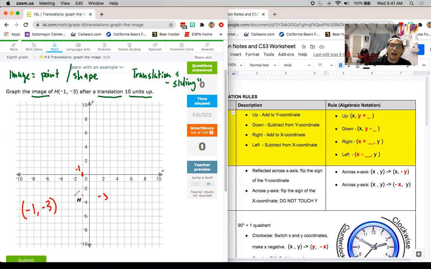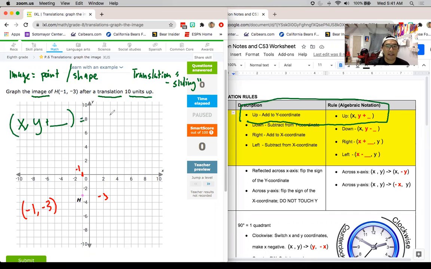So if I look over here on my notes, I'm going up, I'm adding to the y coordinate, and there's my algebraic notation, which says x, comma, y plus blank, and that is up.